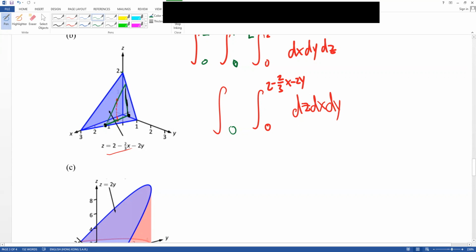So if I want to find the x position of this line, I first need to know the equation of this line, right? So the equation of this line can be obtained by this equation of the plane setting z equals 0. Right, so that means I have 2 minus 2 divided by 3 times x minus 2y equals 0.